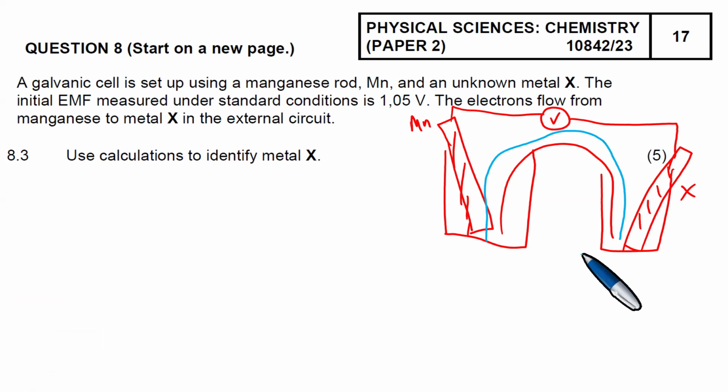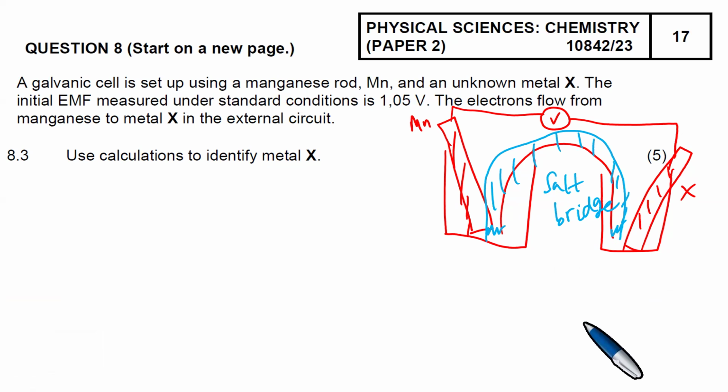Then you put your cotton wool here, and this is your salt bridge. The salt bridge completes the circuit. Use calculations to identify metal X.